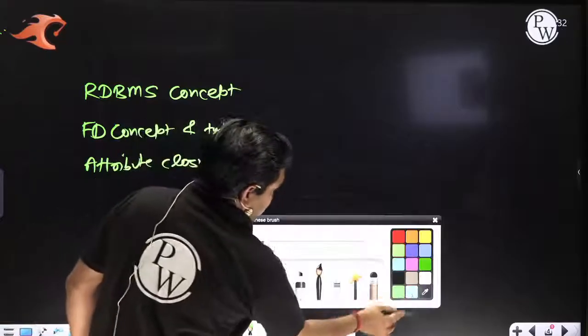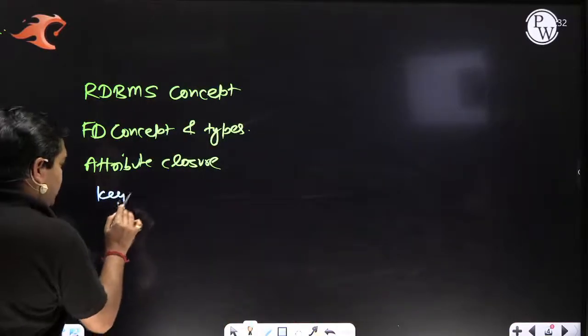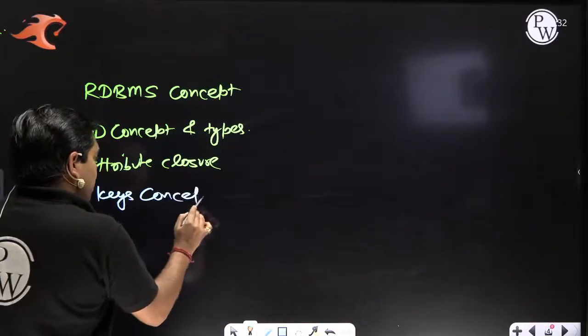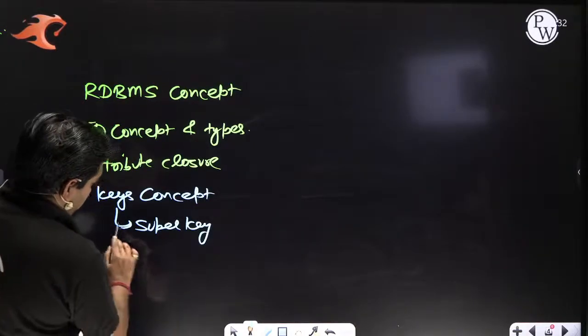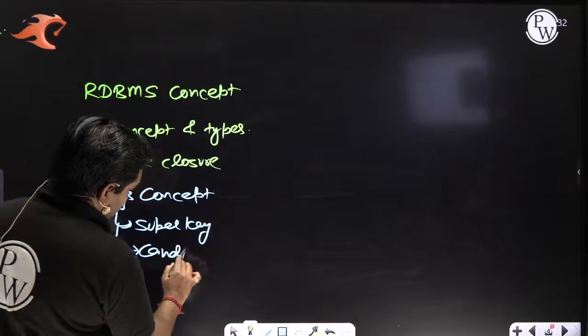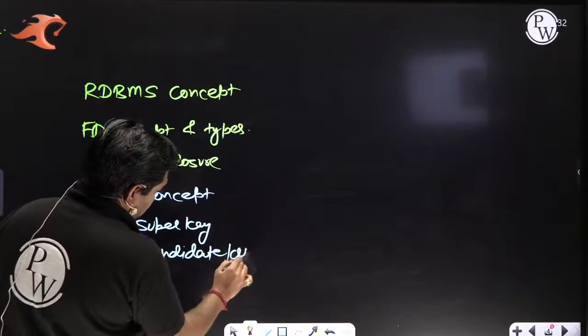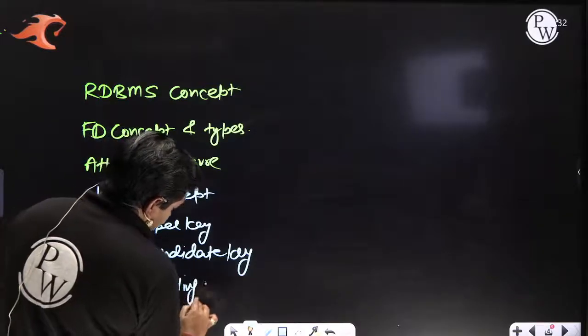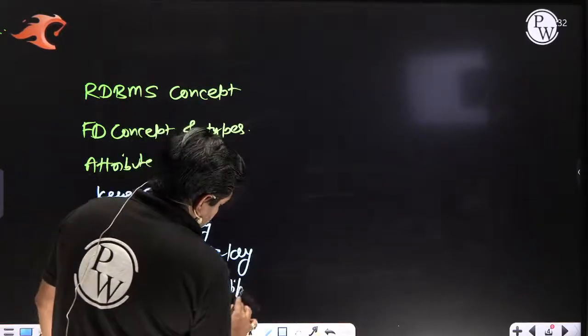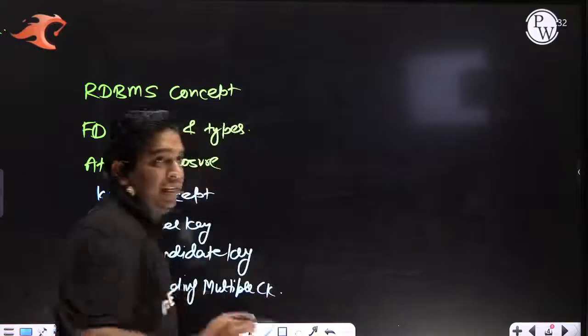After the attribute closure, we discussed the concept of keys, in which we discussed super key, candidate key, and finding multiple candidate keys.